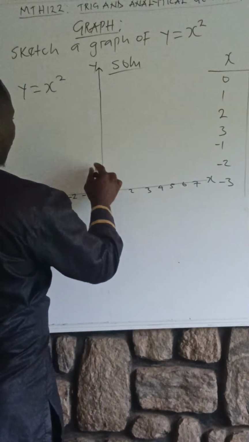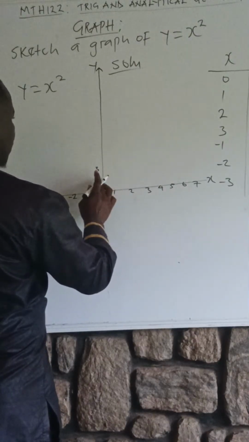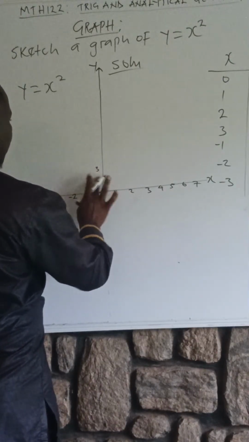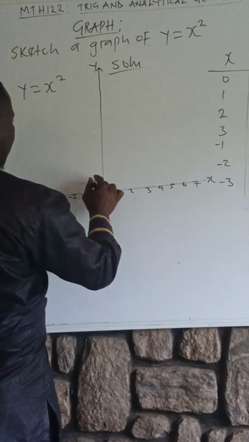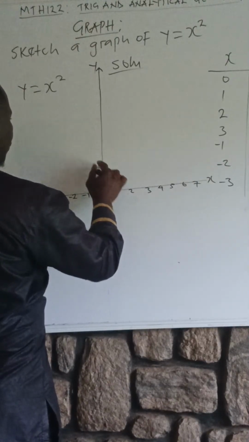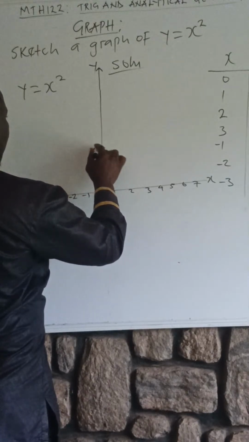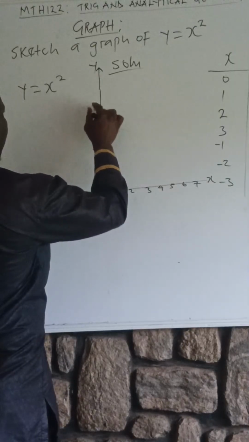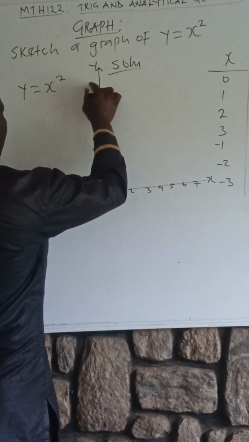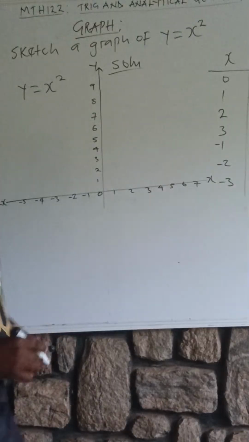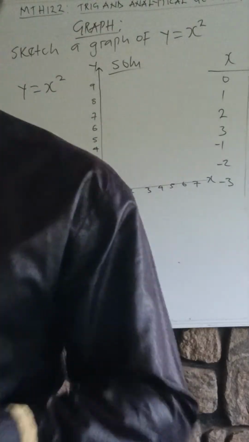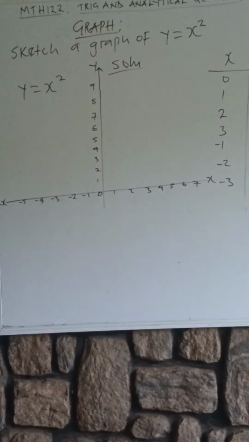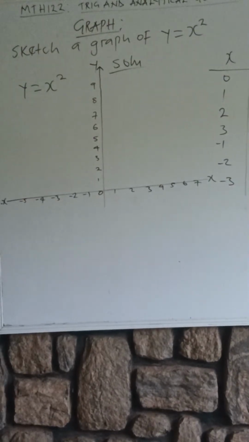Sorry, here is 1, 2, 3, 4, 5, 6, 7, 8, and 9. Do you understand? Are you following? Hope you are following.